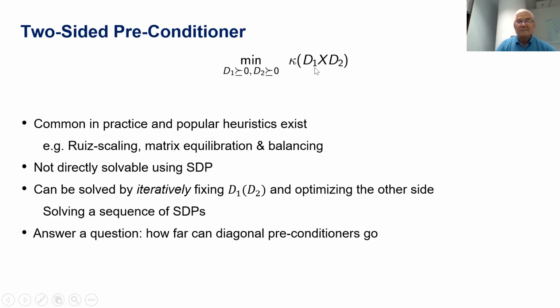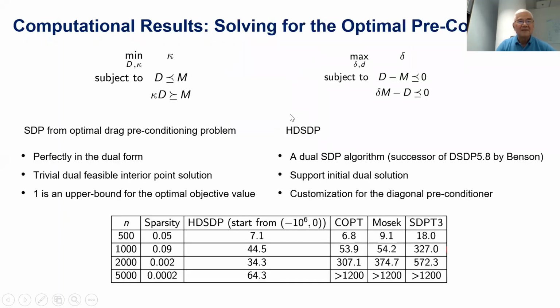Now the question is, do we know for general matrices how optimal this can go? Here we did a computational experiment. First we solve these problems, for the one-sided diagonal preconditioner. We just want to see whether the problem is tractable or not.